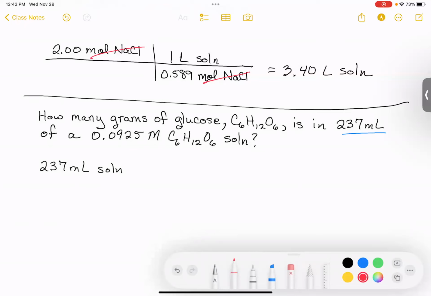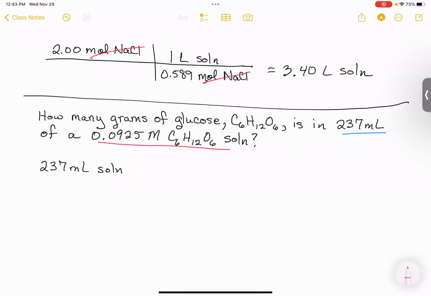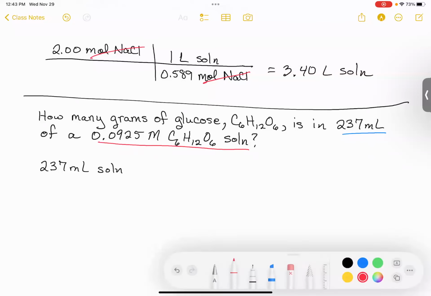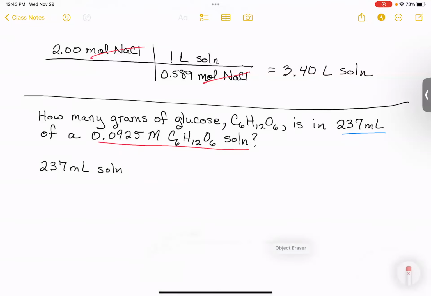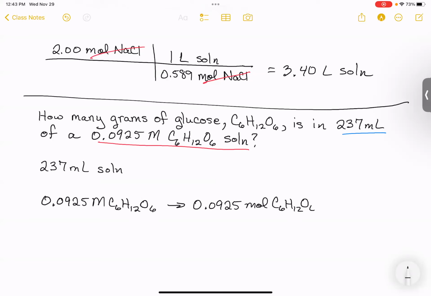I have been given a molarity that is 0.0925 molar C6H12O6, which I'm immediately going to rewrite as 0.0925 moles of C6H12O6 divided by 1 liter of solution.